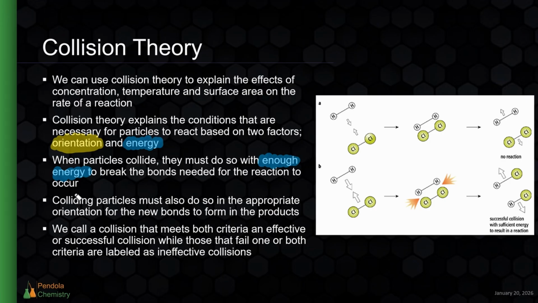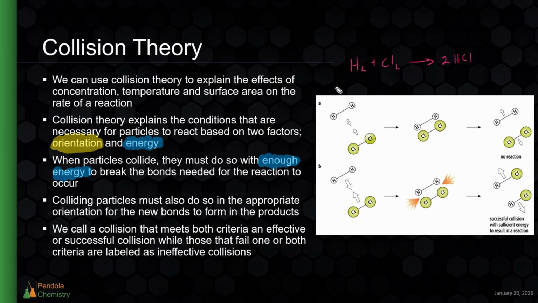So essentially, let's say we have the reaction of hydrogen gas and chlorine gas crashing into each other to make hydrogen chloride gas. So H2 plus Cl2 making 2 HCl molecules.